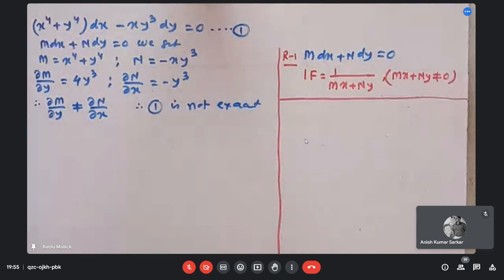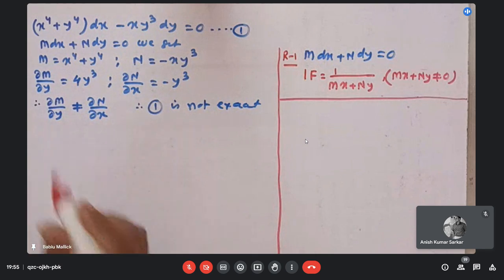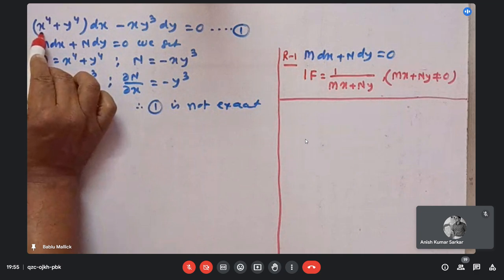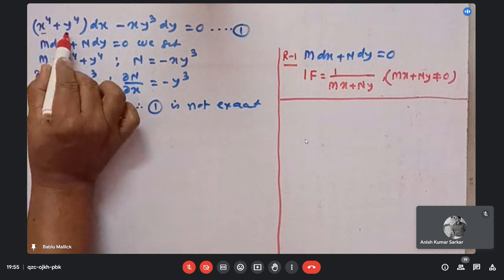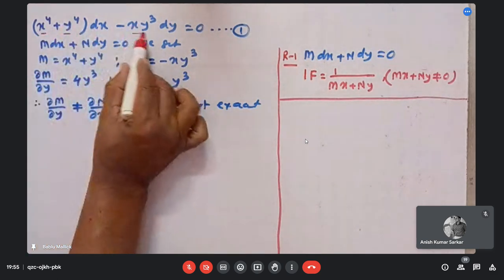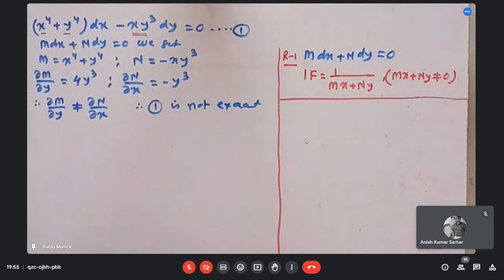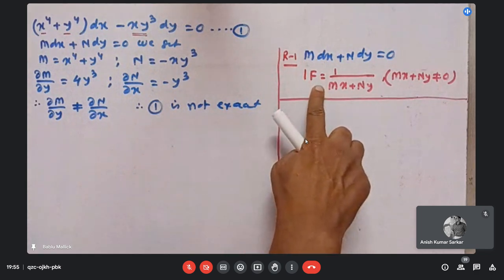Look, this is actually a homogeneous differential equation, because the degree of this part is 4. So it is a homogeneous differential equation, and for a homogeneous differential equation this will be the integrating factor.